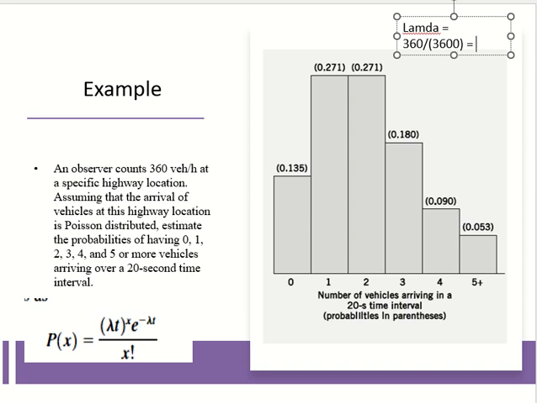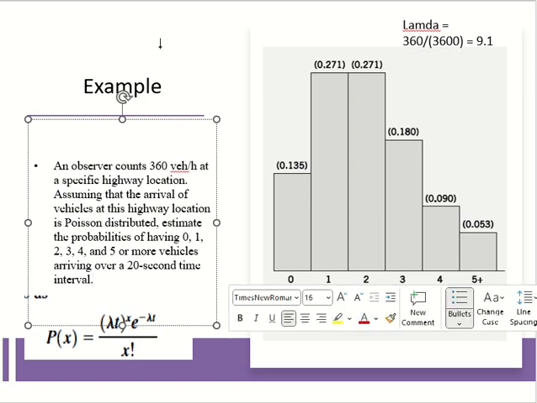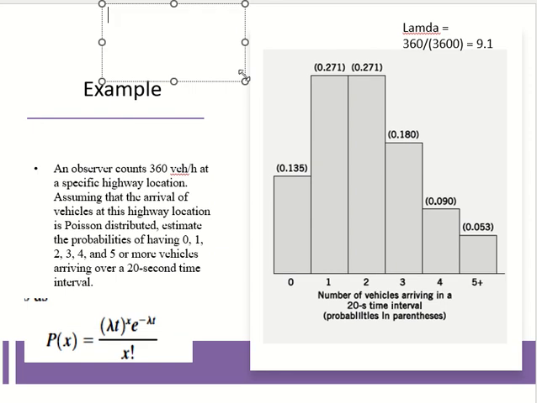How much is this? 0.1. Then the P values. Tell me. So P of 0 will be, we put x as 0. How much is it?